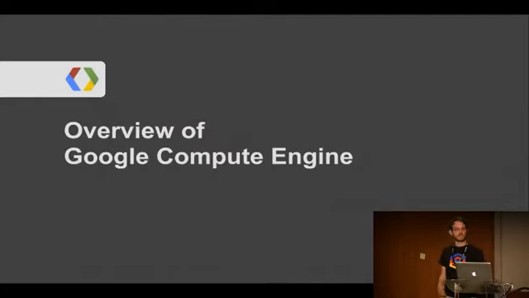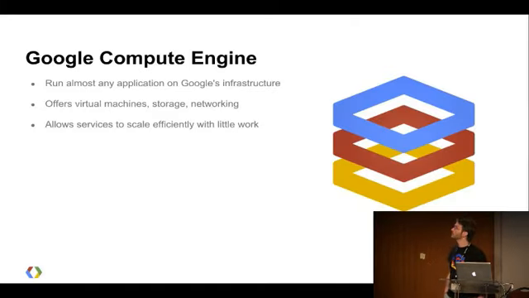So I'm going to start with Compute Engine. This is the RightScale conference. You're probably interested in infrastructure. You're probably interested in big computation. Google Compute Engine is designed for big computation. You want to run lots of data really fast. You need lots of storage. You need fast networking between machines.